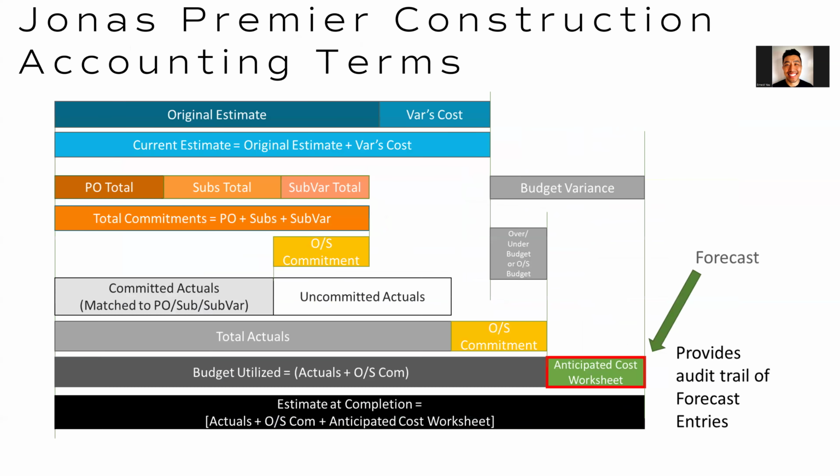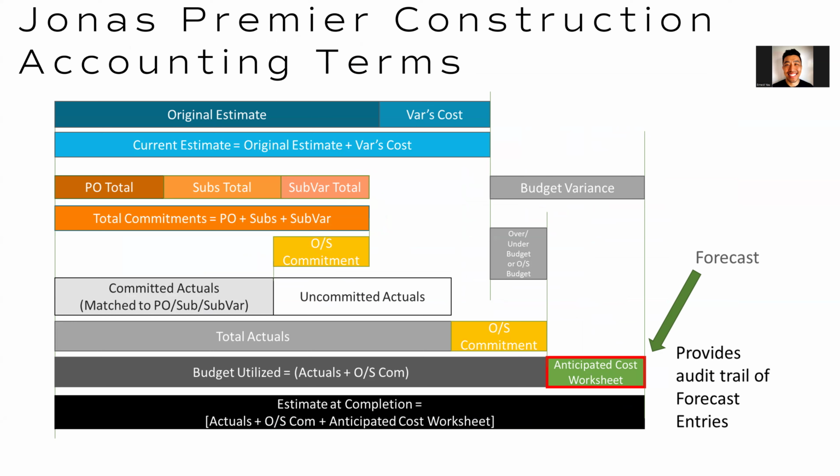Now, I just wanted to show you this slide before we move into the actual system itself. The reason is because it has both the calculations that we use in Premiere to calculate various totals, and it also has some terminology.